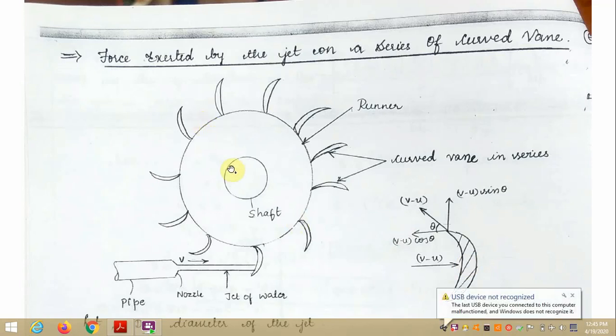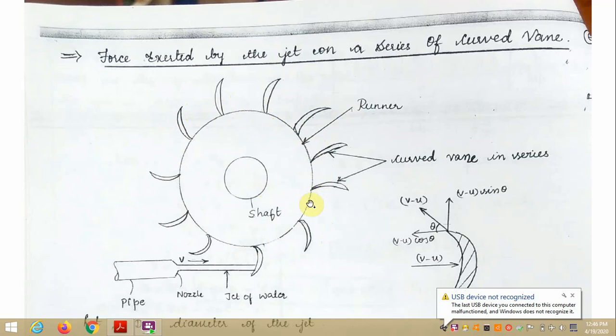The figure shows a number of curved vanes fixed to the shaft, and the jet of water from the nozzle, in turn from the pipe, hits the vane at a velocity V. These curved vanes are attached to the runner, the outer part of this shaft.